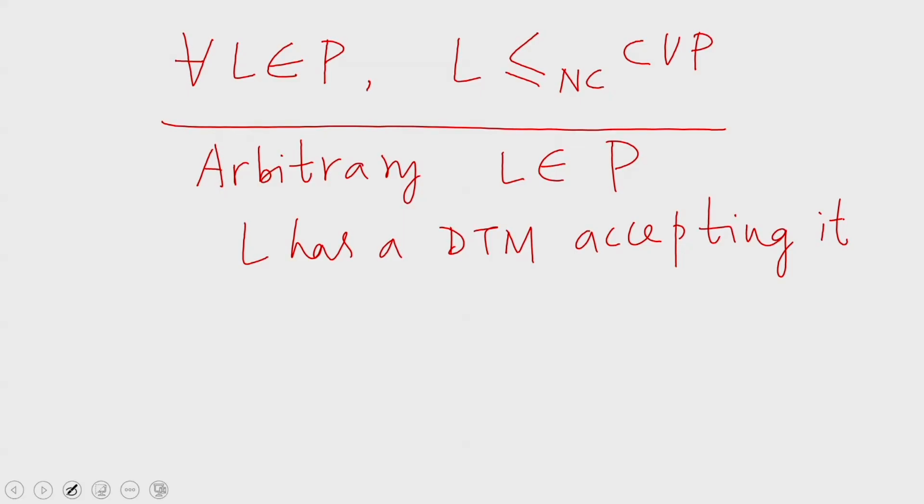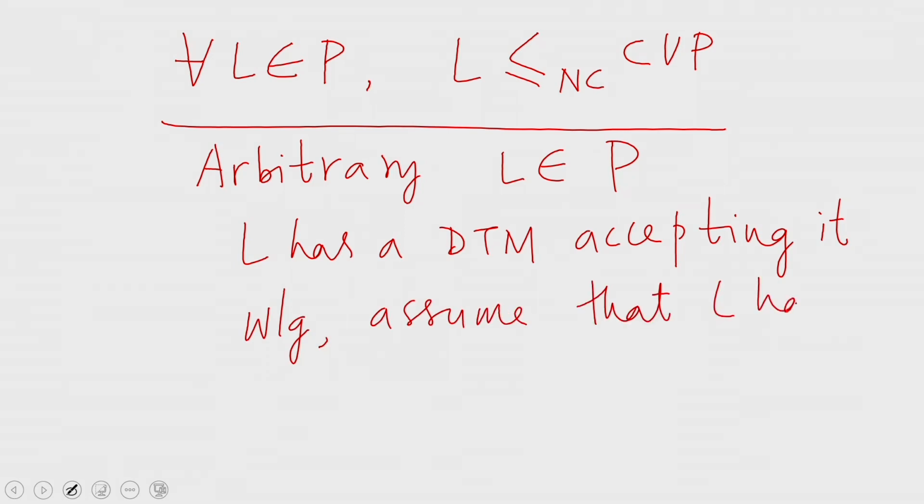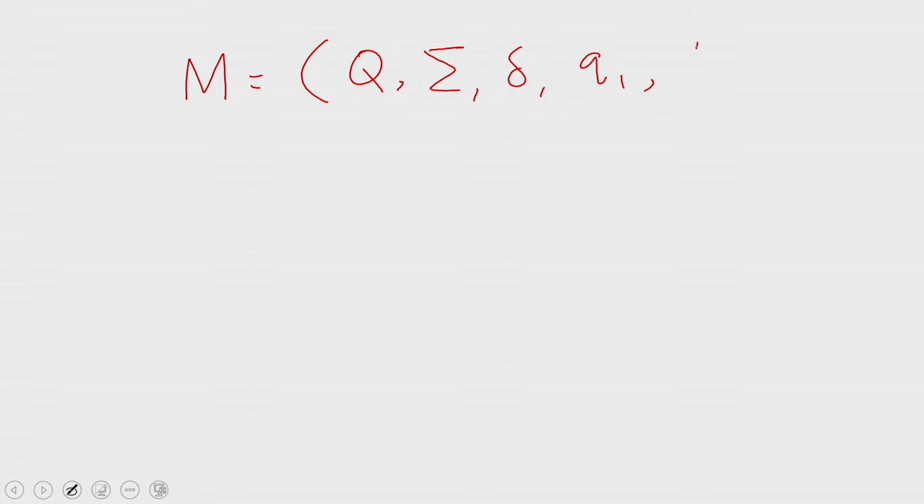So, let us assume that L has a one-tape Turing machine. So, let us say M is made up of these tuples. Q is a set of states, sigma is the alphabet, delta is the transition table, q1 is the start state, and F is the set of final states.